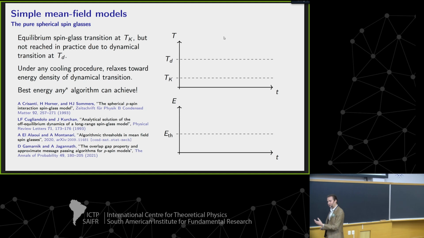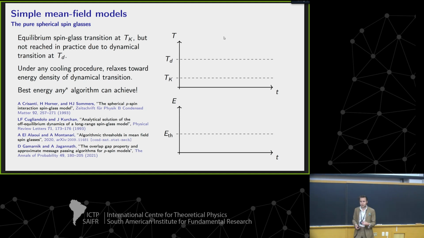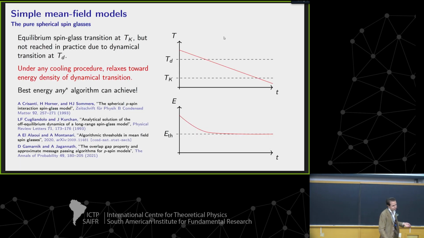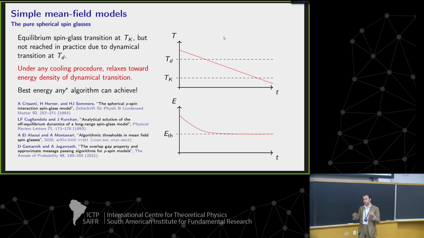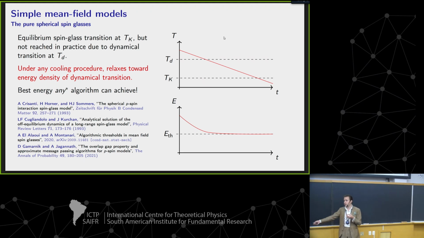So, lots of old work on these simplest possible models, the pure p-spin models, the homogeneous covariance, had discovered some interesting facts about their dynamics. Namely that if you take one of these models and you cool it, say, with slowly decreasing temperature, you find that the energy of your system decays towards a characteristic value at which it gets stuck.